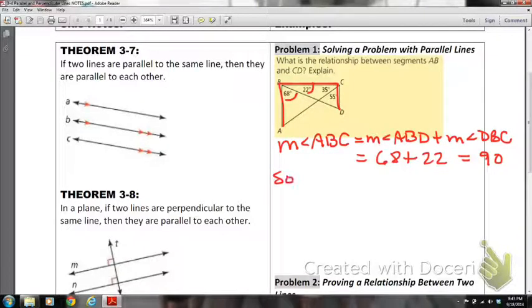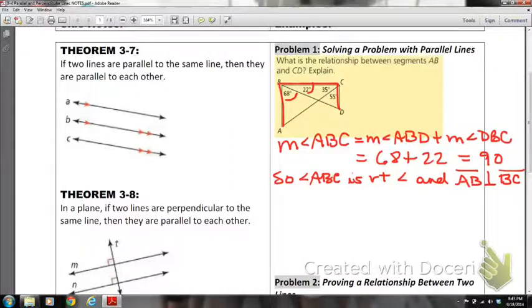So angle ABC is a right angle, and we can also state that segment AB is perpendicular to segment BC, by the definition of a right angle and by the definition of perpendicular lines.